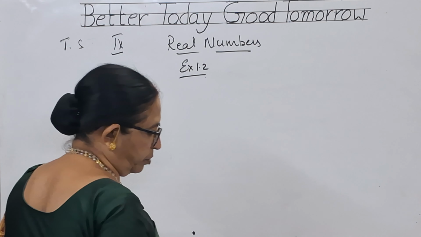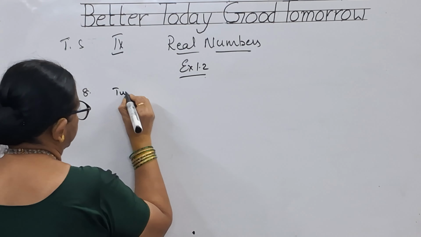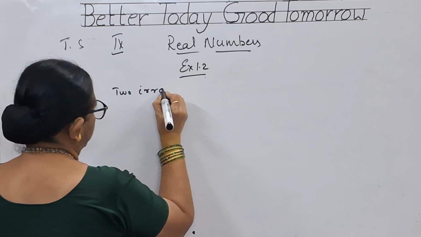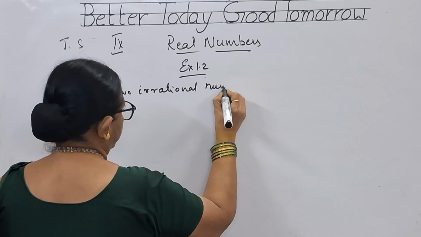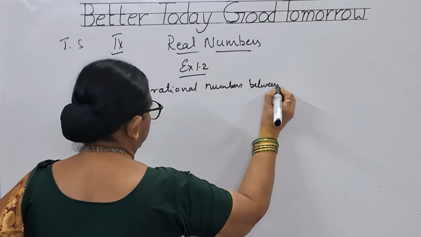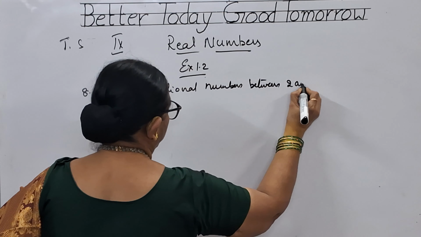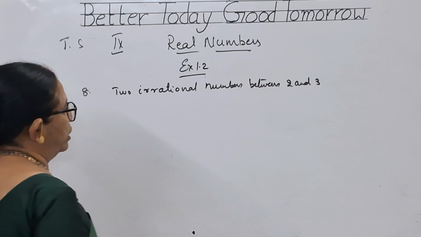The 8th problem is, you have to represent two irrational numbers between 2 and 3. Two irrational numbers between 2 and 3.